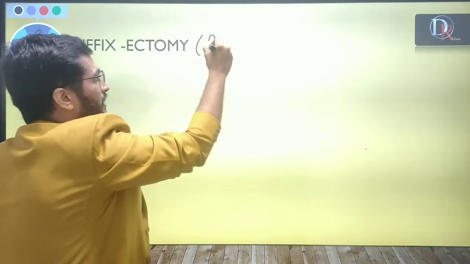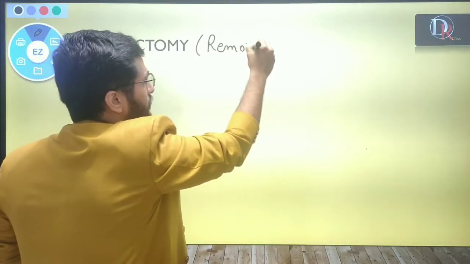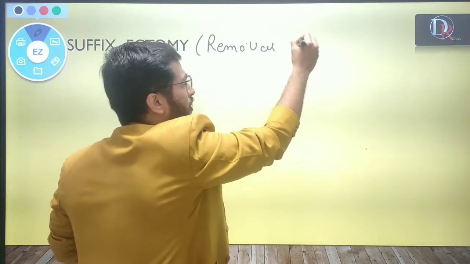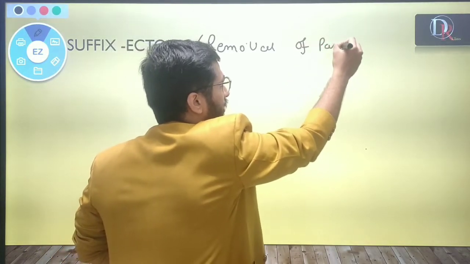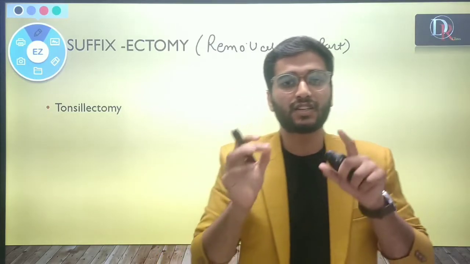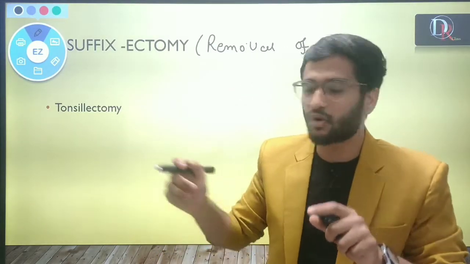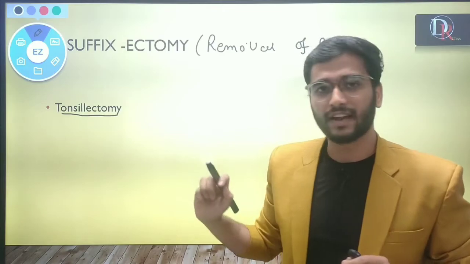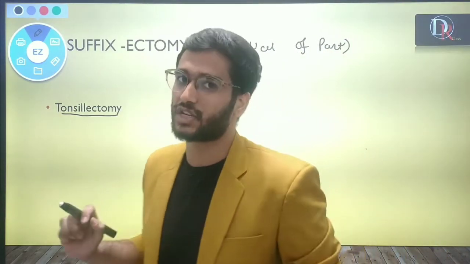Let's see the next suffix, which is ectomy. Basically ectomy is the suffix referring to the removal of an organ or removal of any part of the body. Let's see one by one. Tonsillectomy is the first. The word tonsillectomy is for the removal of the tonsils, and it is surgical.